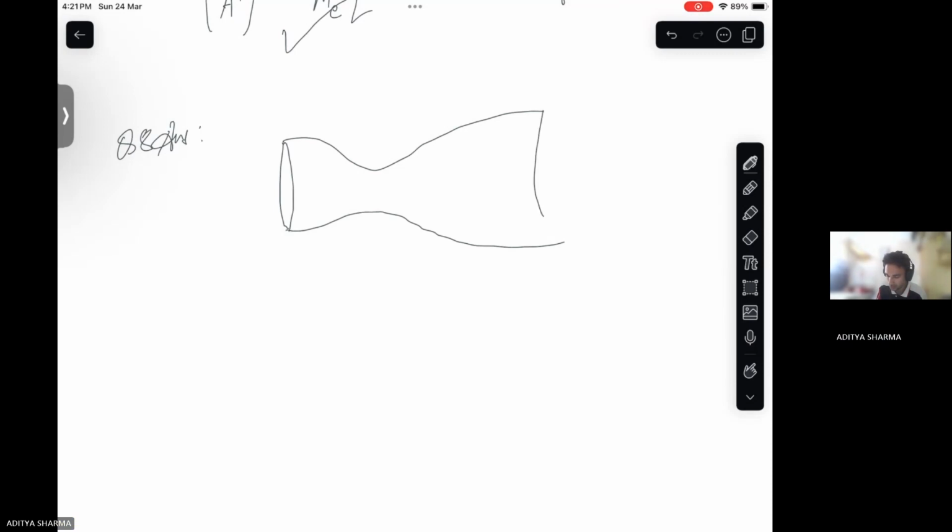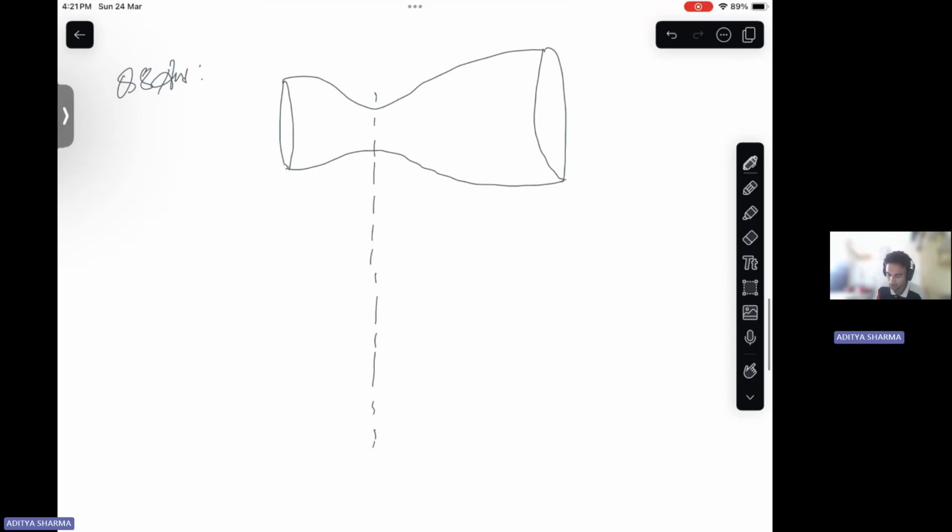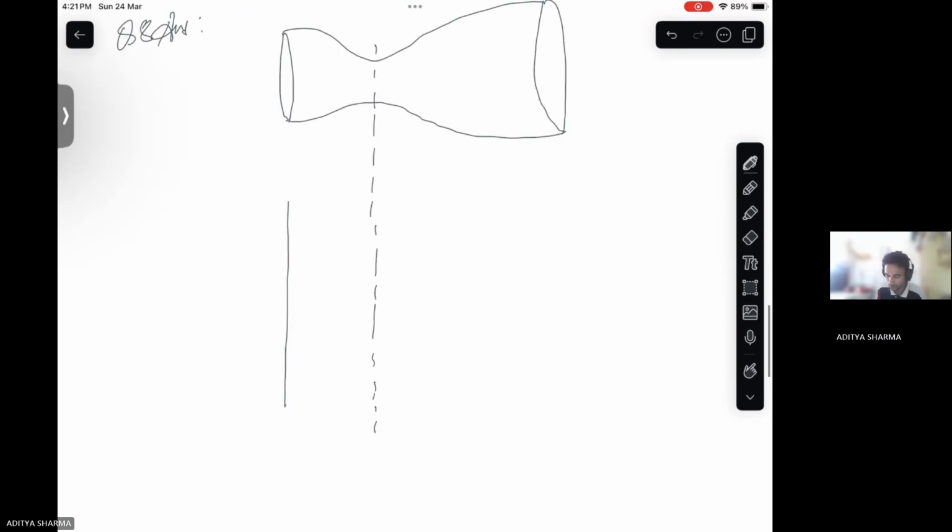This is our nozzle, this is the entry, this is the exit, this is the throat.